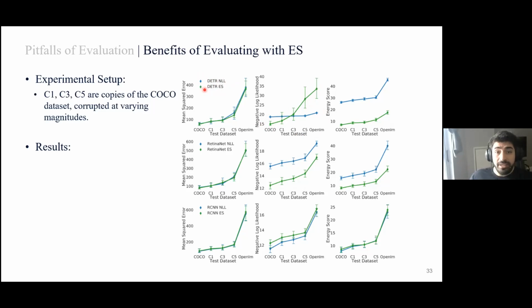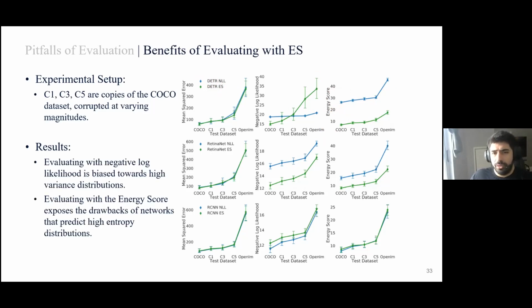This is because DETR ES provides much lower entropy distributions, and as such might not provide the probability exactly at the corners. When we use the energy score, however, we notice that the drawbacks of having very high entropy distributions are evident. Basically, the distributions from DETR NLL are so high entropy that it has a substantially higher energy score than DETR ES.